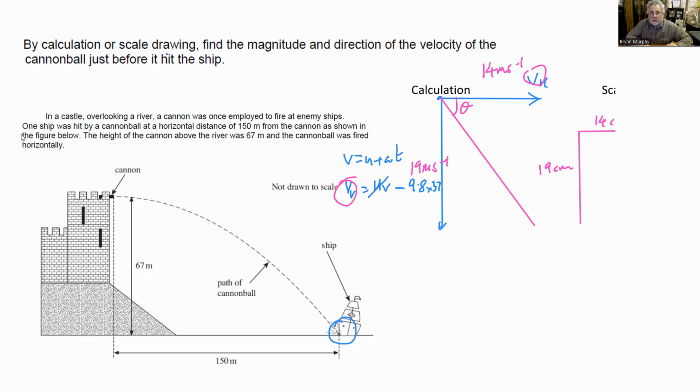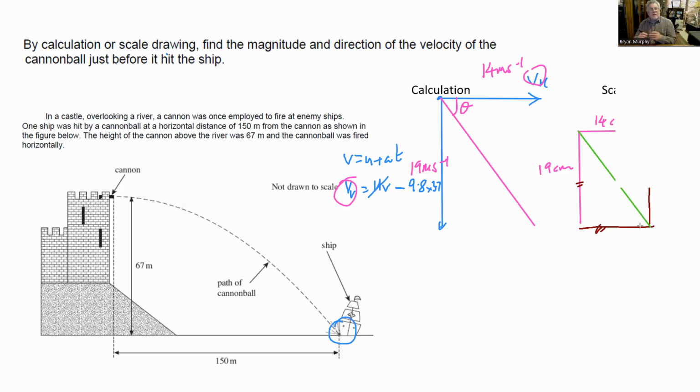Then with your ruler, so I'm going to do this badly, you draw a line parallel to that, and another line parallel to that. And then you draw the resultant, which is from there down to there.